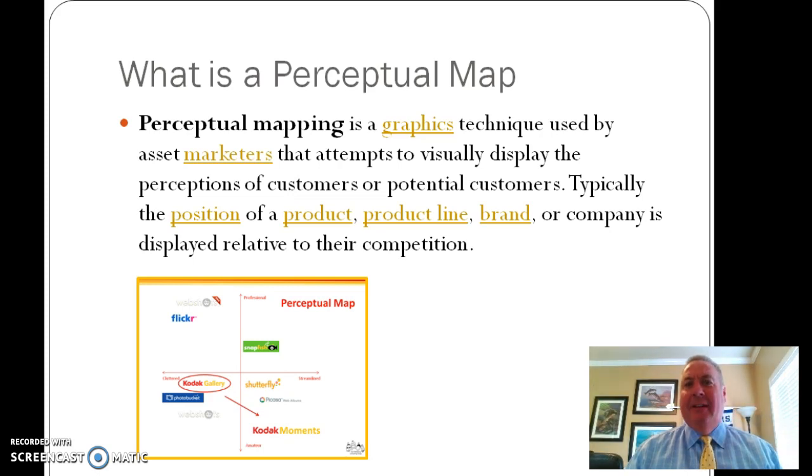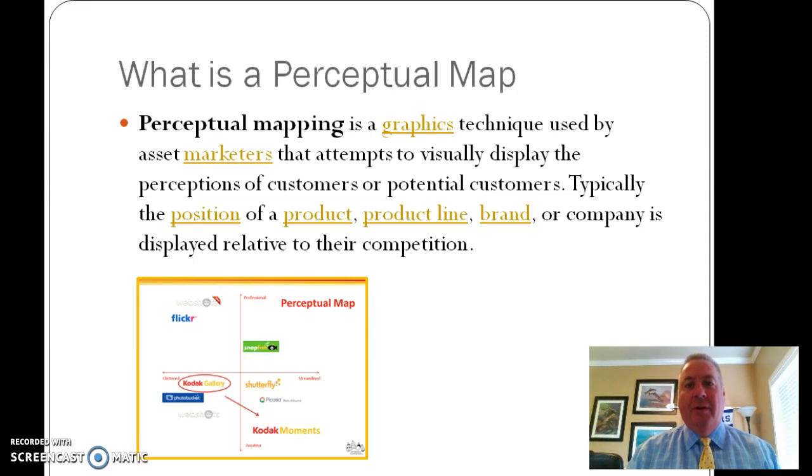It's really just a graphic that's used to help marketers see how their product is positioned relative to the competition. It's usually done on two factors, although more factors can be used. I have an example of one of those a little bit later in the slides. But for example, you might choose price versus quality, and you'd have an x-axis and a y-axis, just as the graphic that's shown here.